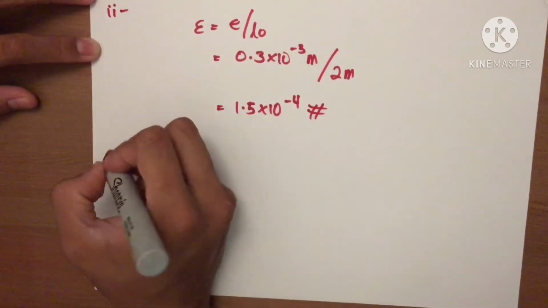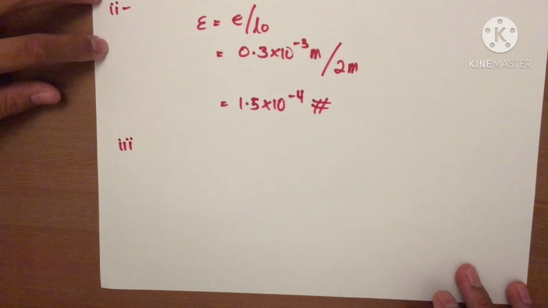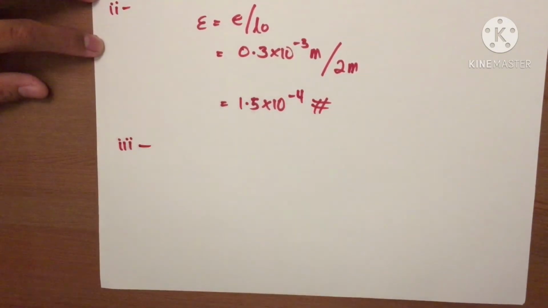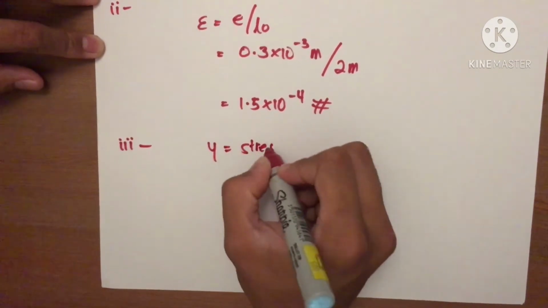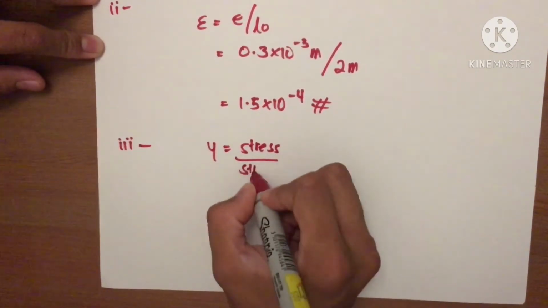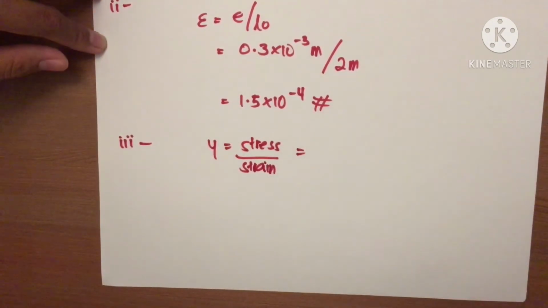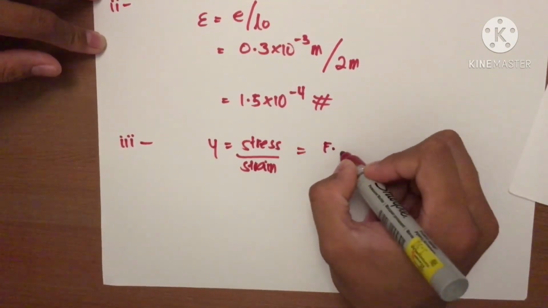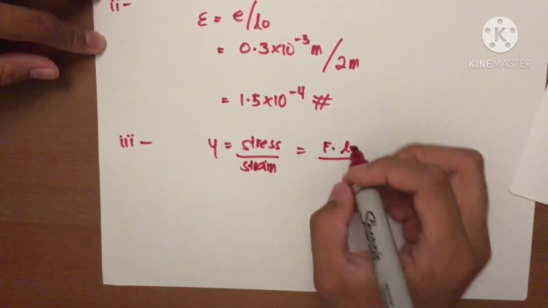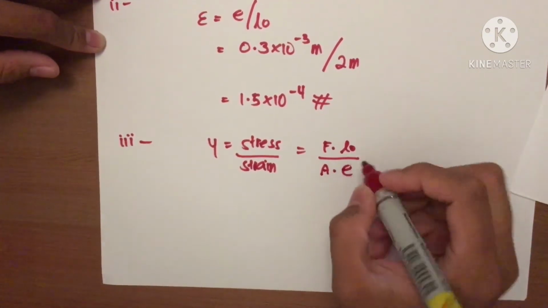For the third question, it's asking for the Young modulus. We know that Y is equal to stress divided by strain, or we can also say it's equal to force times the actual distance divided by area times the elongation.